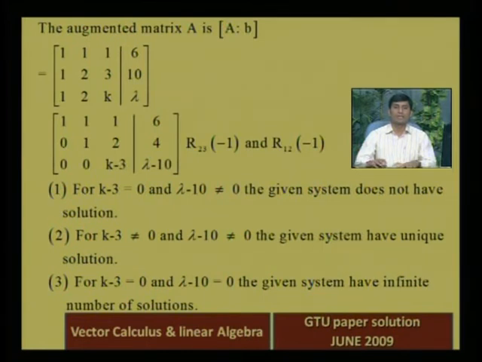Because the last equation becomes 0 times x plus 0 times y plus 0 times z equal to some non-zero element. That is a contradiction. So if k minus 3 is equal to 0 and lambda minus 10 is not equal to 0, then the given system does not have a solution.